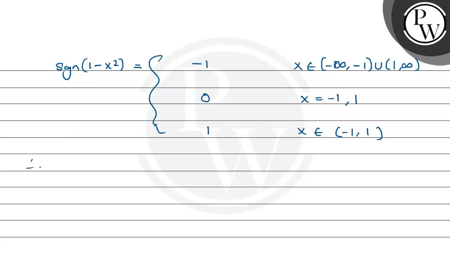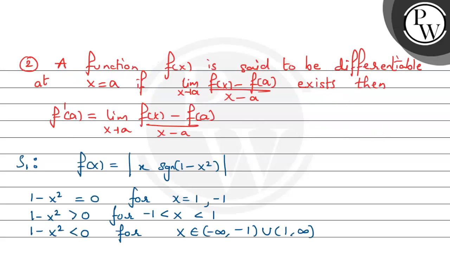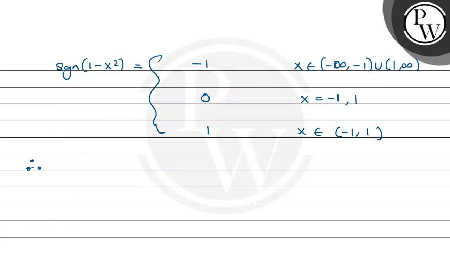And therefore, with the help of signum we can now get the definition of the function f(x). So f(x) is equal to |x| times signum of (1 − x²).